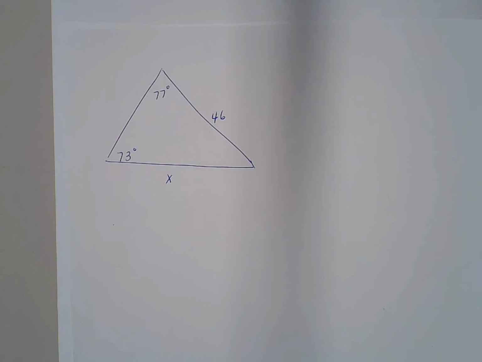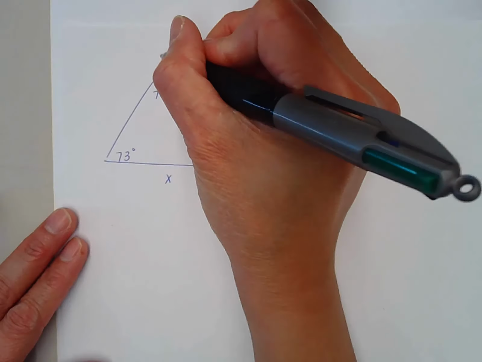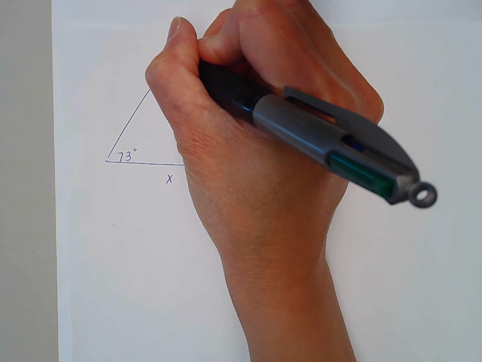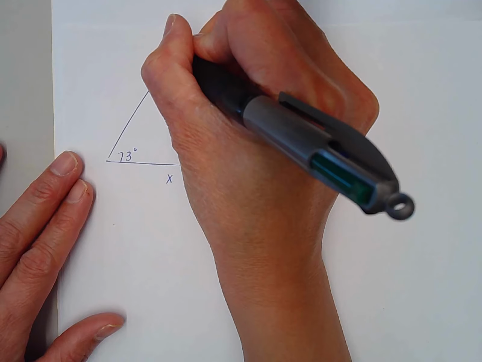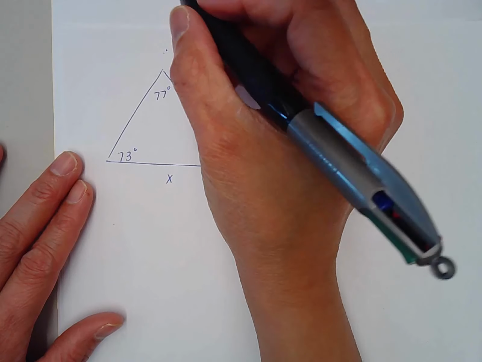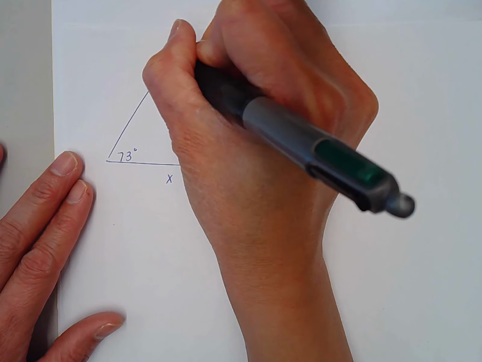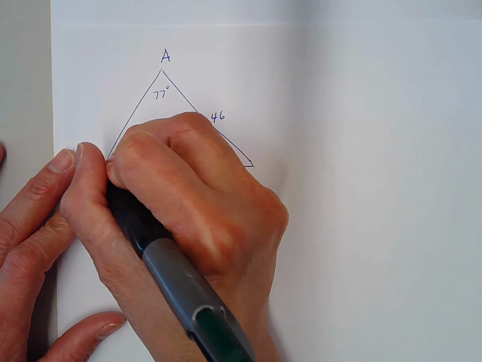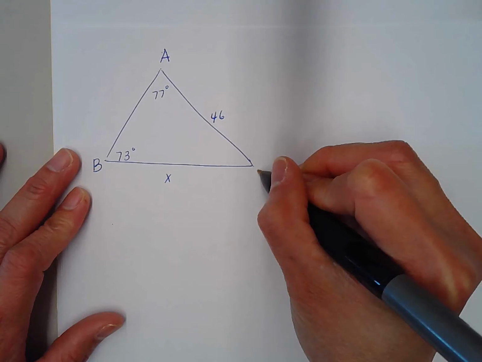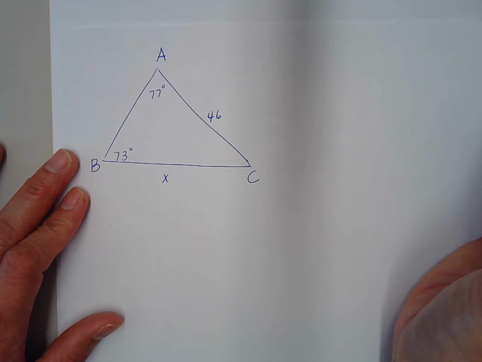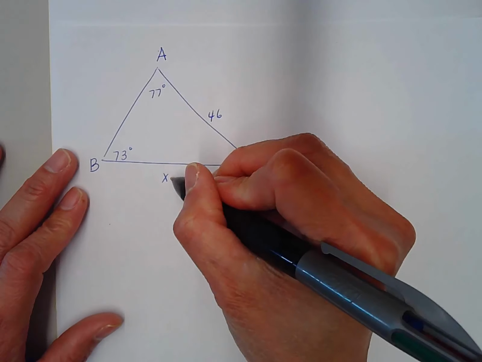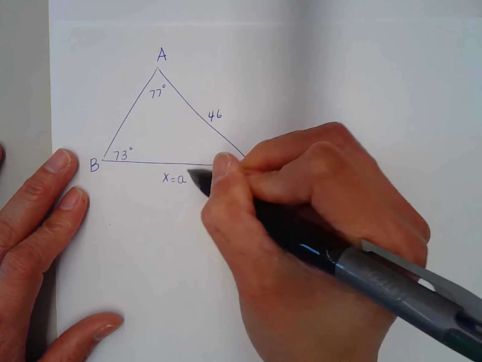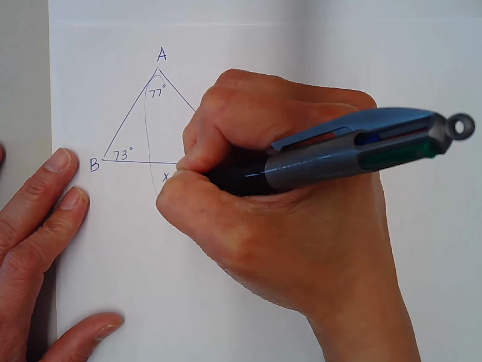Let's see, okay? So I'm just going to do it one way. Don't write anything, don't copy anything down, because I'm really not solving yet. I'm going to call this my angle A, this my angle B, and this my angle C. If this is my angle A, then this is my side A, because they're right there.